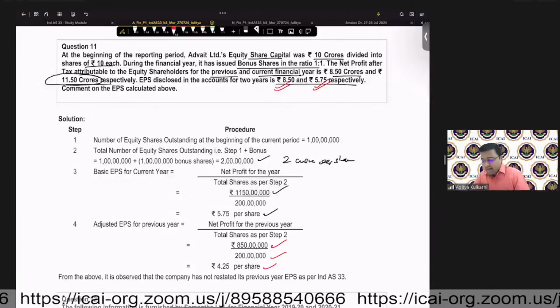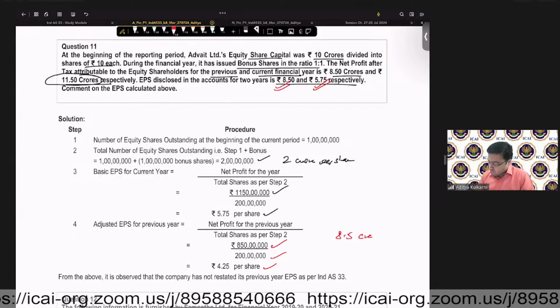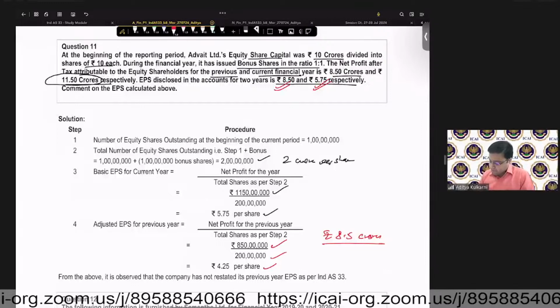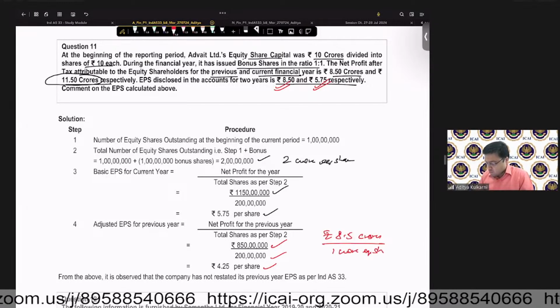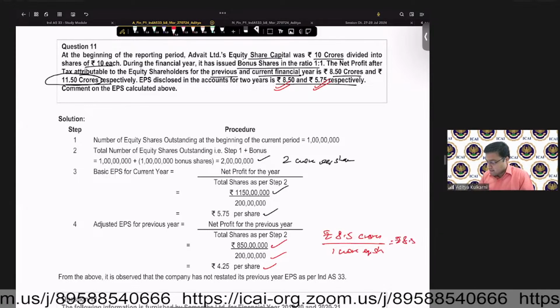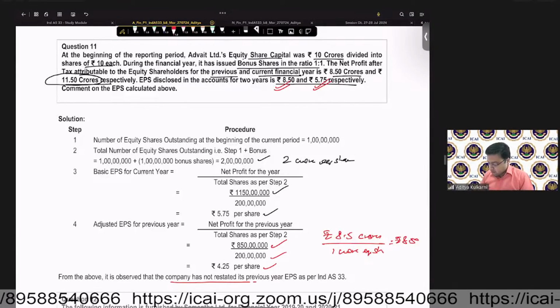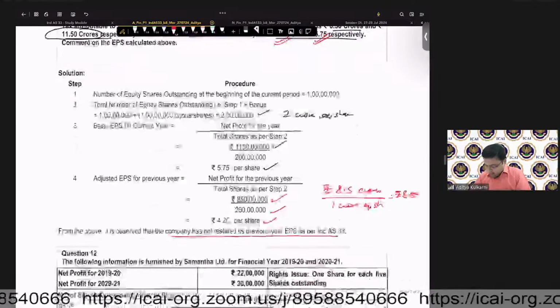So how did they get 8.5? That will be 8.5 crores of profit divided by 1 crore equity shares. So they have not done a restatement. The company has not restated the previous year's EPS in line with Ind AS 33.